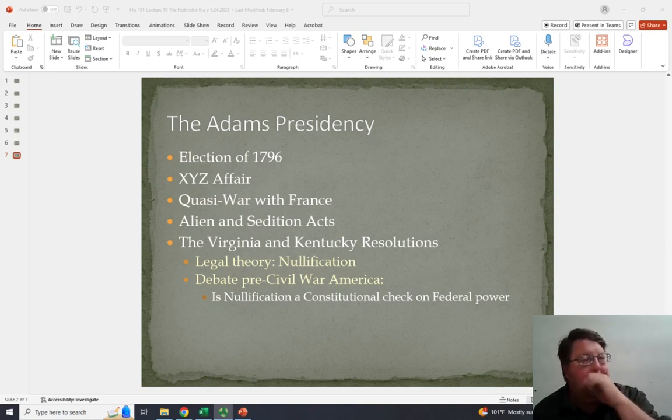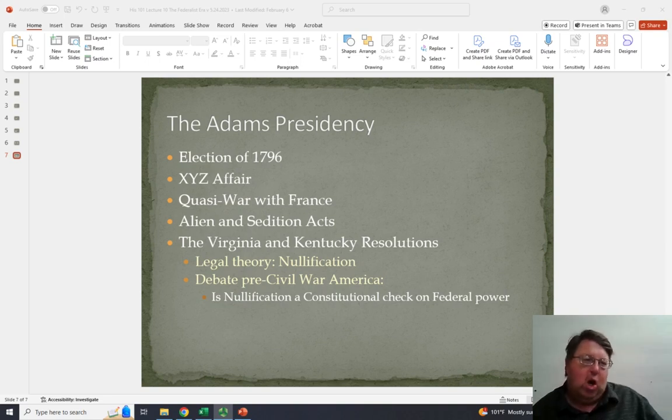And a lot of historians are kind of pro big government, on the side of the political spectrum that likes government running everything, so historians today don't really go into nullification a lot, because Abraham Lincoln made it a dead issue after a four-year war. But anyway, it is a legal debate, a debate before the Civil War.